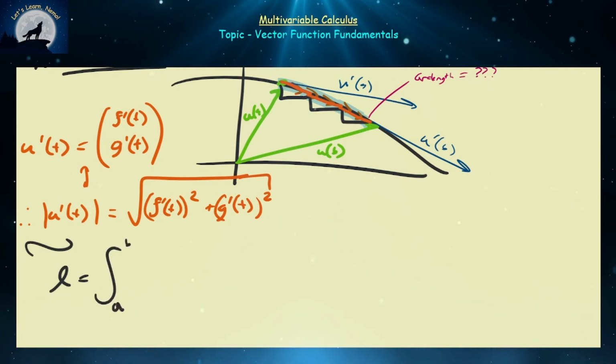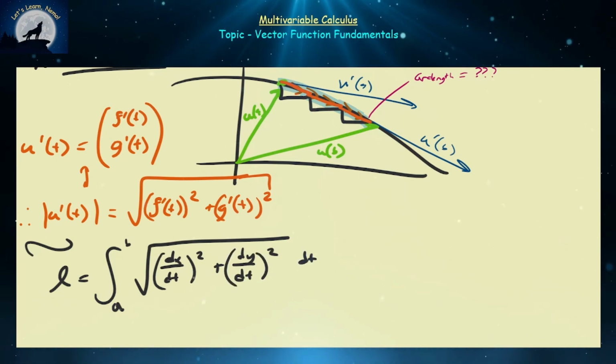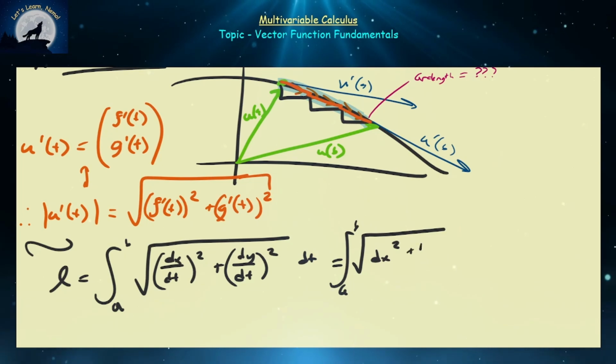Parametrically, we've defined and proven this already. It's the integral of the square root of the quantity dx dt squared plus dy dt squared, dt. Keep in mind we have dt squared, so this is equivalent to the integral from a to b of the square root of dx squared plus dy squared.